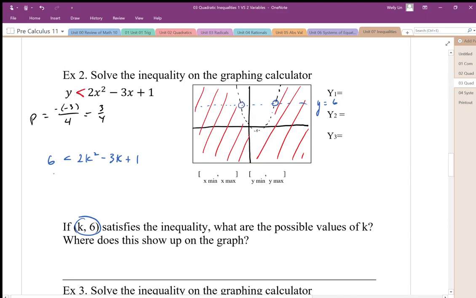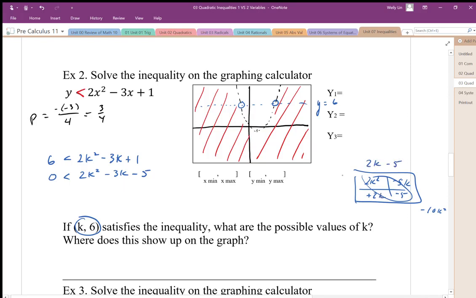So I'm just going to make this equal to 0 and see if this is in fact factorable. If I do my little triangle in here, 2k squared, negative 5, negative 10k squared, so that's going to be negative 5 and positive 2. So I end up with 2k minus 5, k plus 1.